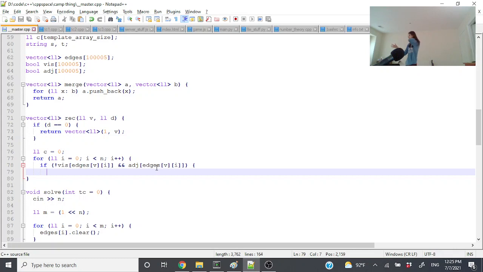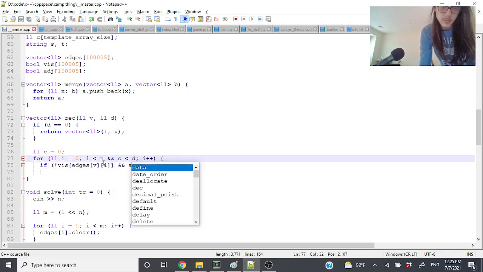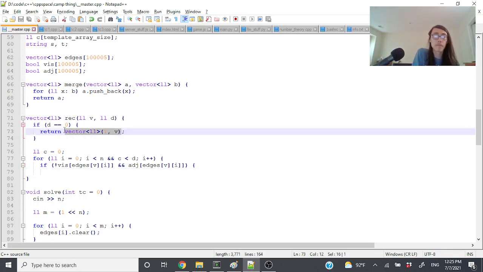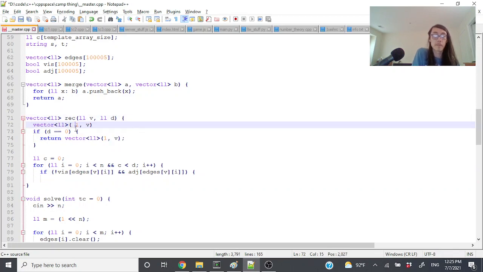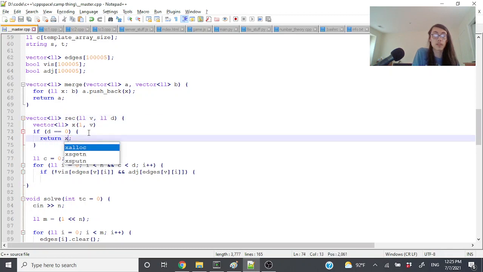Right, we need to construct the thing of size c with respect to this vertex. Return x.